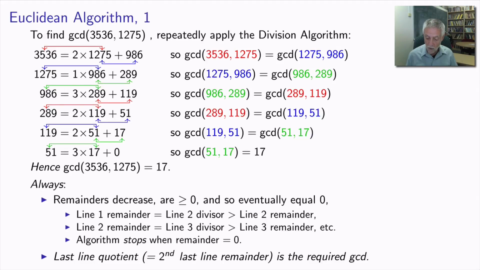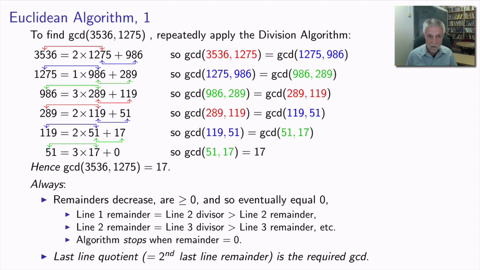And then the line 2 remainder is equal to the line 3 divisor, and that's bigger than the line 3 remainder because of the division algorithm, and so on. So the remainders are always decreasing, and they must eventually go down to 0, just as I said before.